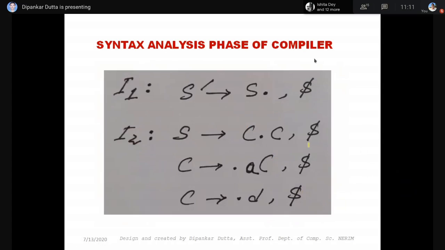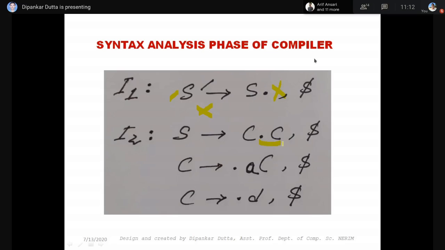Okay. In here, you can see how to calculate the first of beta dollar C. In the first production here, dot is followed by nothing. That means no closure. But here, dot is followed by capital C. That means a closure set should be there.